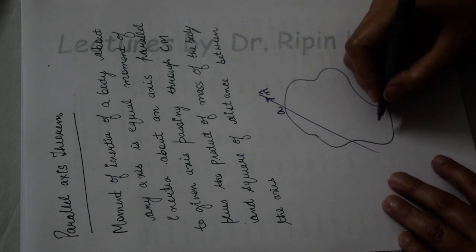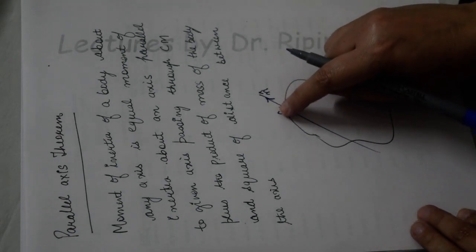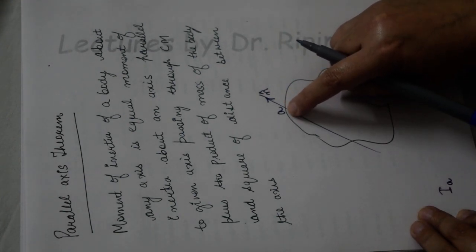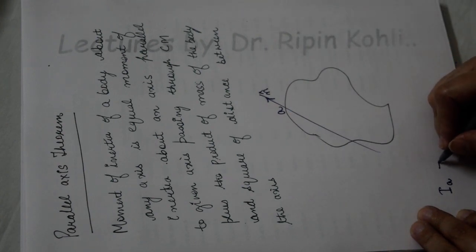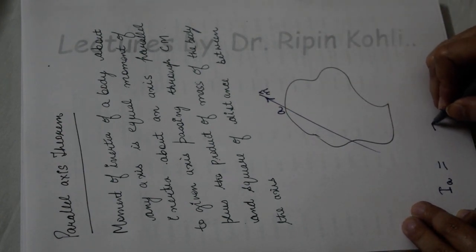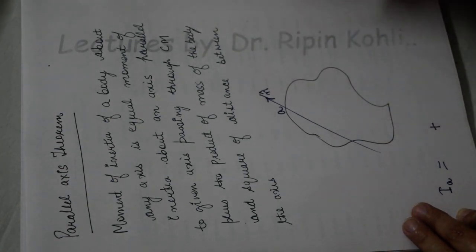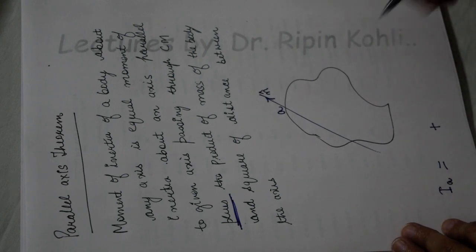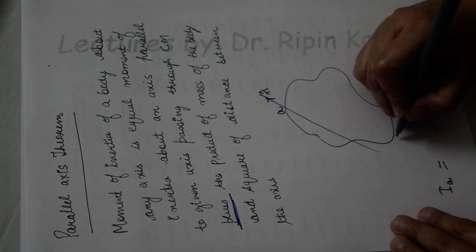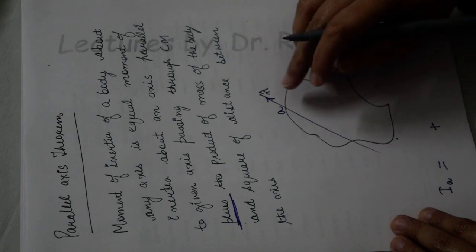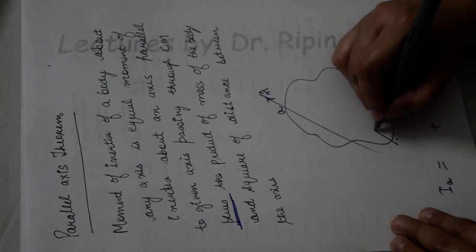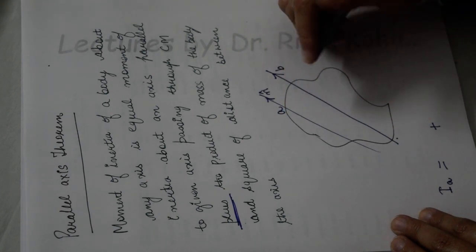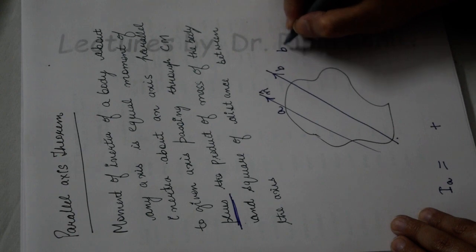Let us call it I about A, because I have to find the moment of inertia about A. It will be equal to the sum of the moment of inertia of the same body about an axis passing through the center of mass, and this axis B is passing through the center of mass.